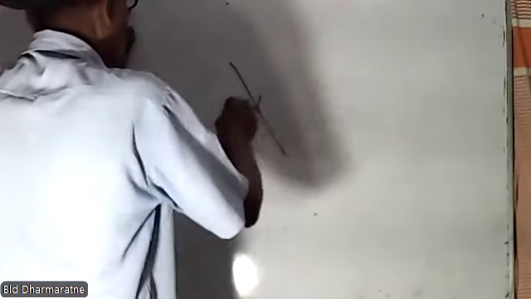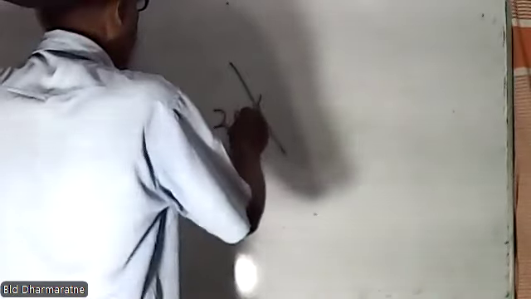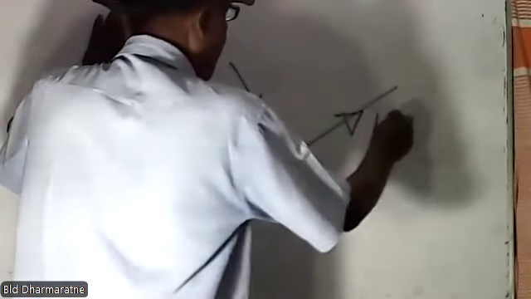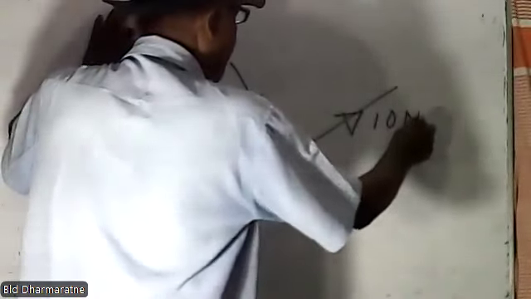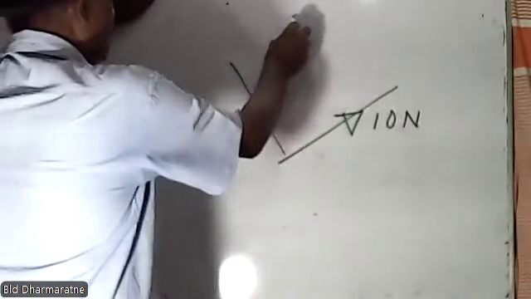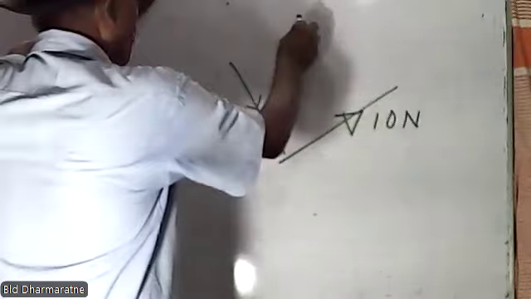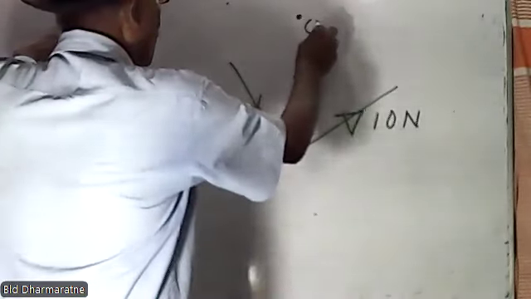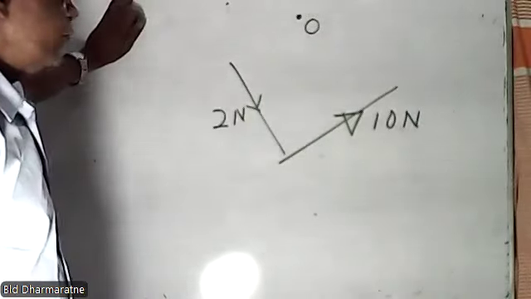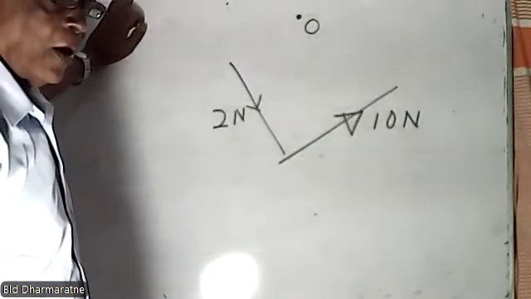This force is 2 Newton here, and this force is 10 Newton here. This is the fixed point. What is the moment about point O? There are two forces applied, so there are two moments.